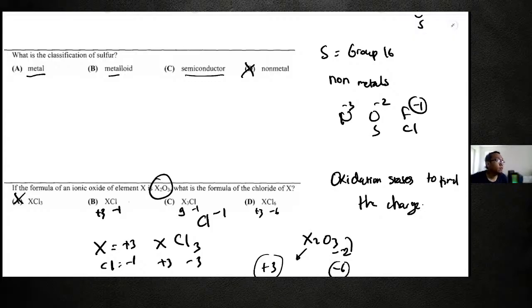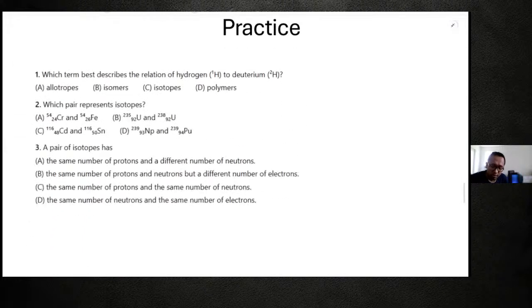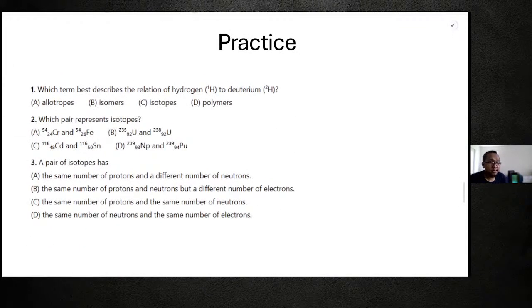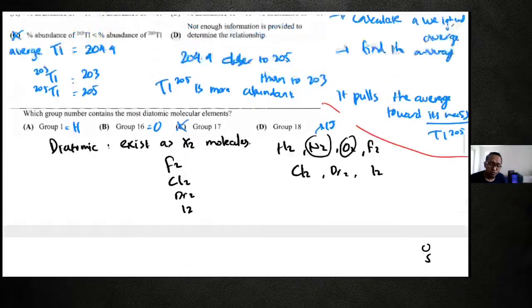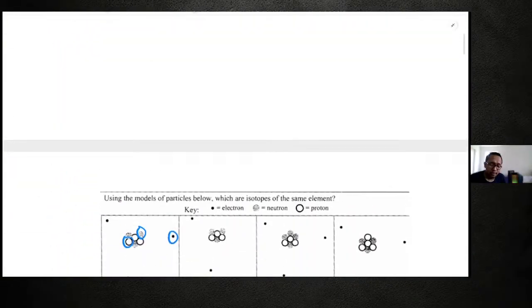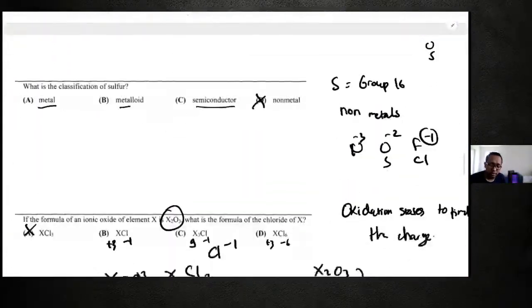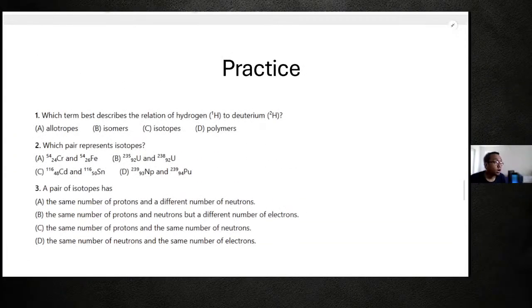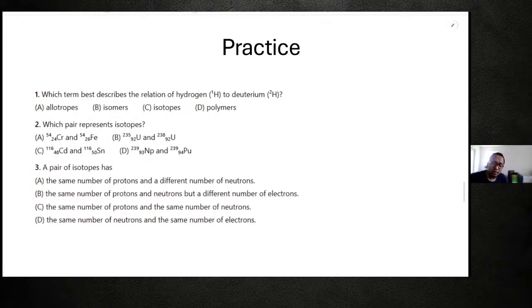We almost done all of the questions right now, so we can do some practice over here. We already solved 9 questions, 9 concepts, and then we are moving to another part. This is practice for us to get more understanding.